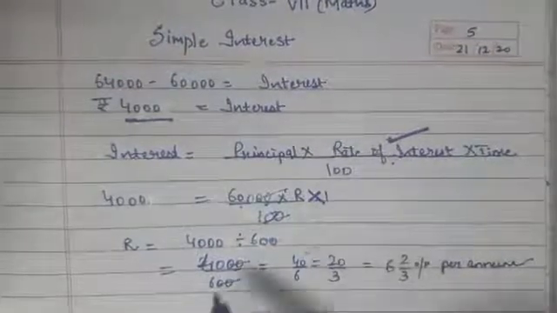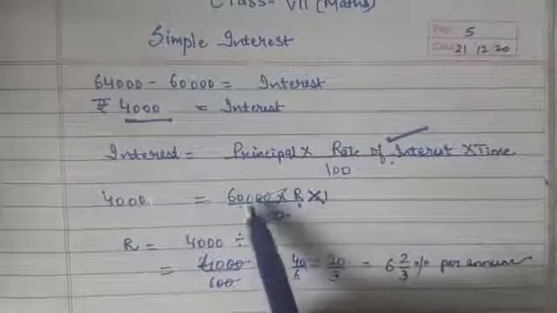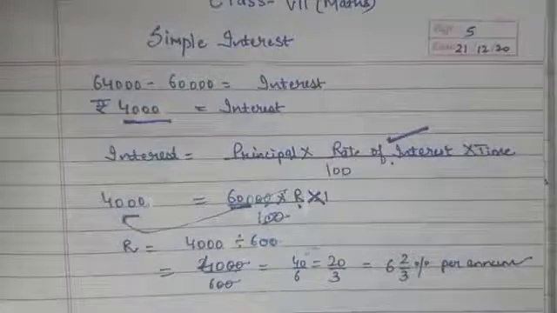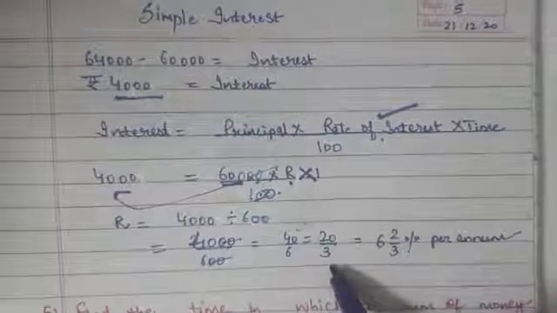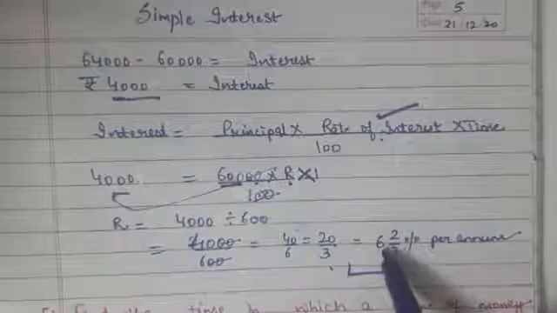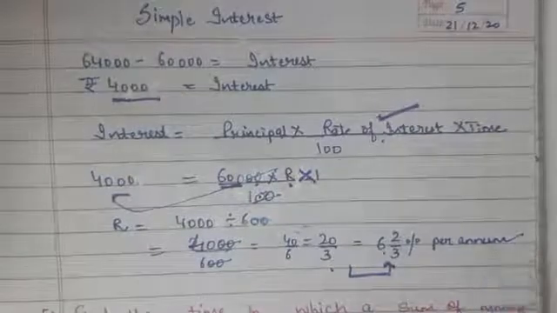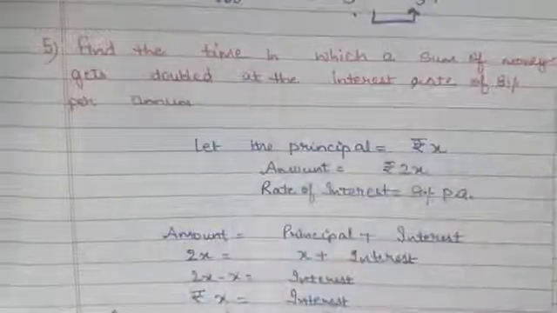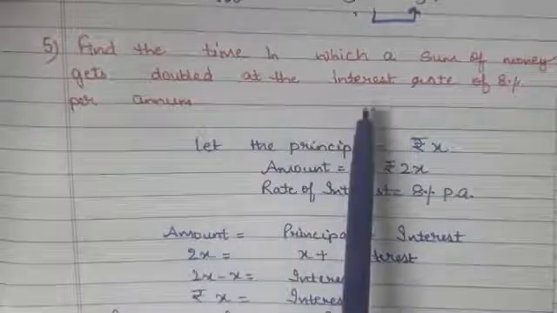So now 2 zeros cancel with 2 zeros, R will remain here and 600 will shift to that side and it will get divided. So we get 20 upon 3, which in the mixed fraction form we can write as 6 2/3% per annum. Clear?